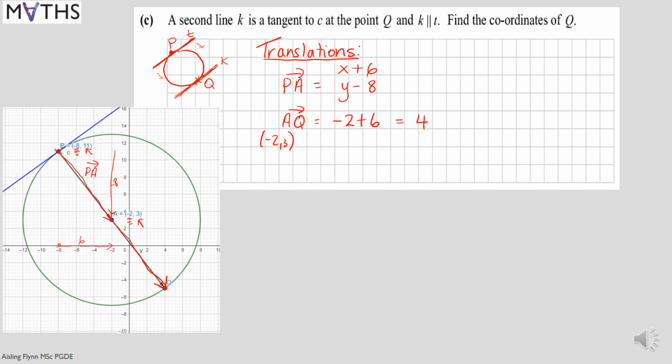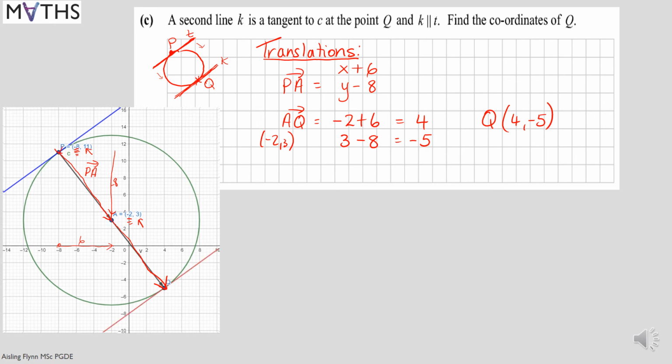And then we're going to take the y value, 3, and we're going to decrease it by 8, which gives me minus 5. And those two answers give me the coordinates of Q, which are 4, minus 5. Alright, and you can see the red tangent there touching at Q is parallel to the blue tangent T.